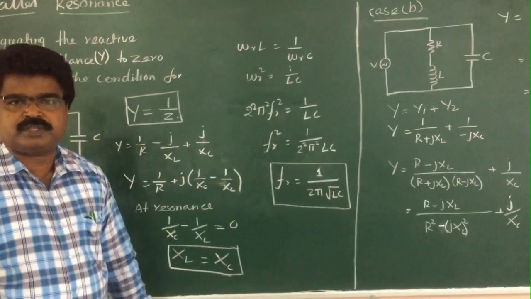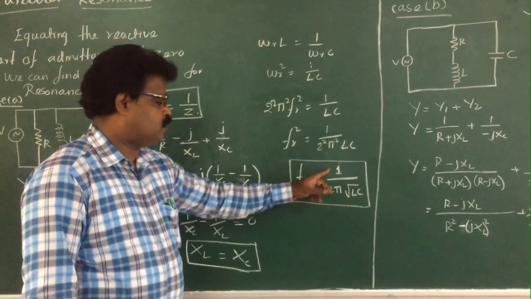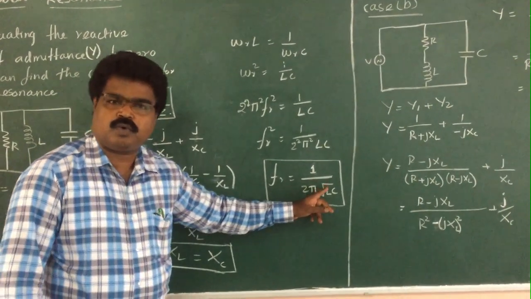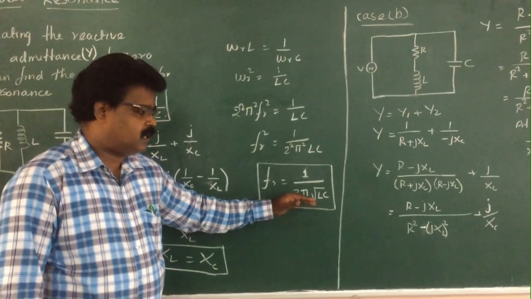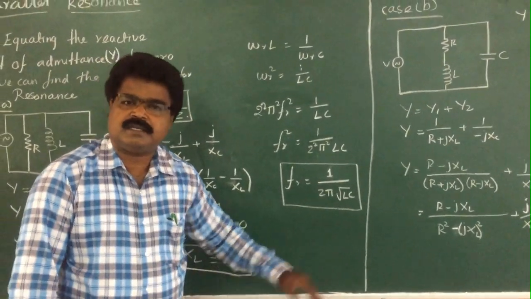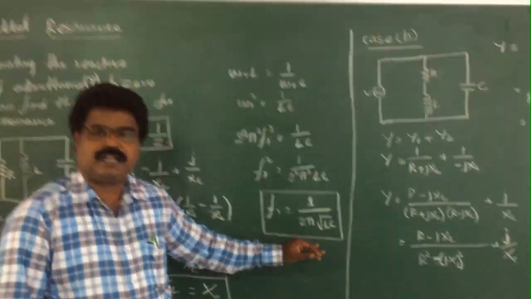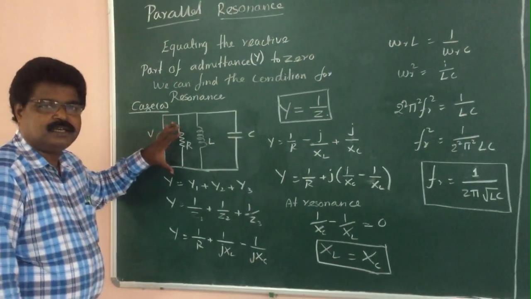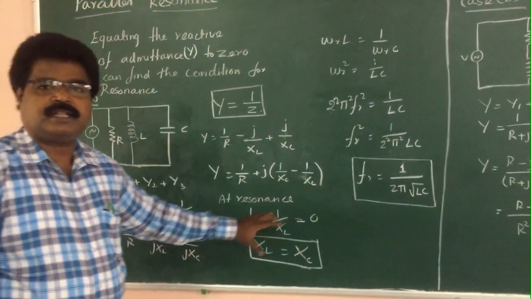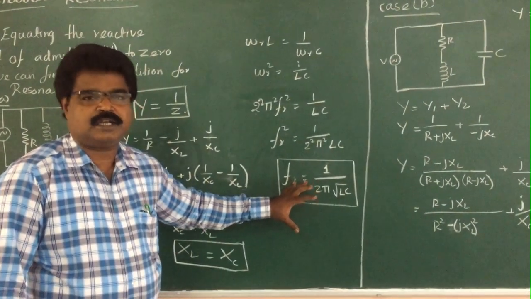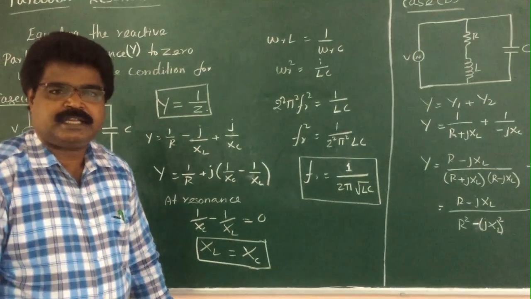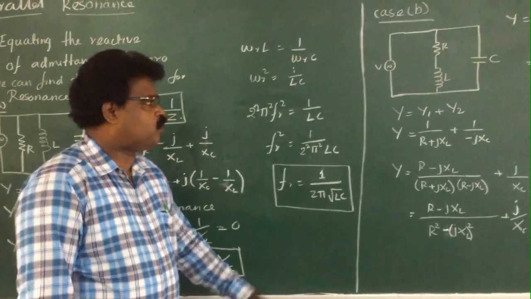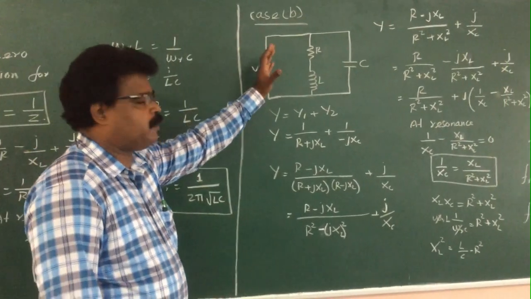This resonance frequency formula is similar to the series RLC circuit. So only for this type of combination, the condition for resonance and the resonance frequency formula are the same as in the series resonance circuit. Now we are going to look into case B, another type of parallel circuit.